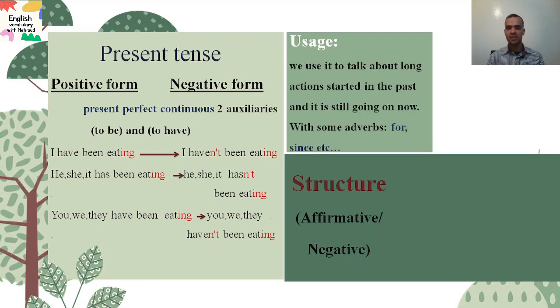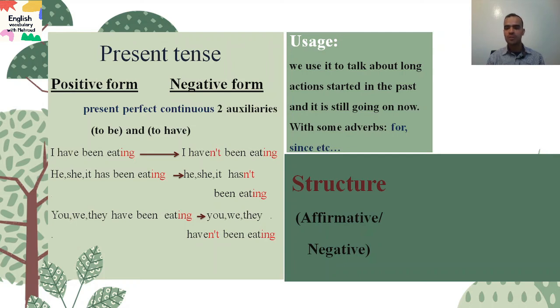Now let's talk about the usage of the present perfect continuous. We use it to talk about long actions that started in the past and are still going on now, and we use it with adverbs like for, since, etc. Whenever we hear continuous, it means that the verb action is long.